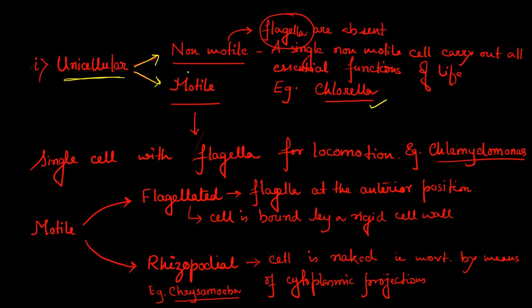In motile form, what do we see? Here, the single cell has flagella, and is capable of movement by virtue of flagella. A suitable example is Chlamydomonas. Now this motile form can further be categorized into two types, flagellated and rhizopodial.